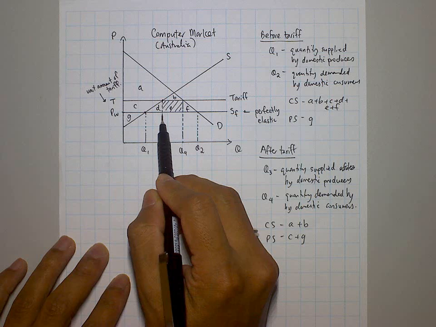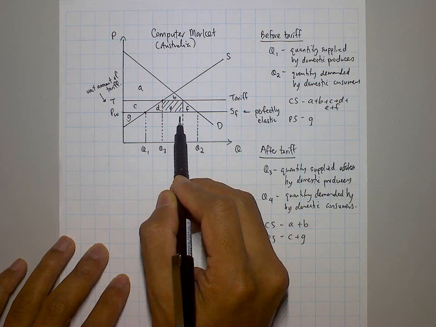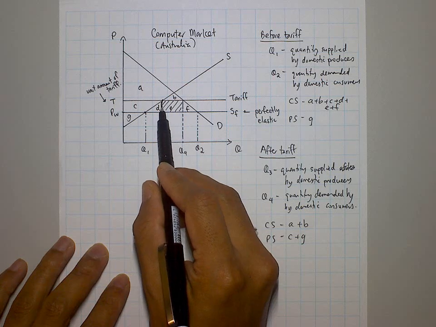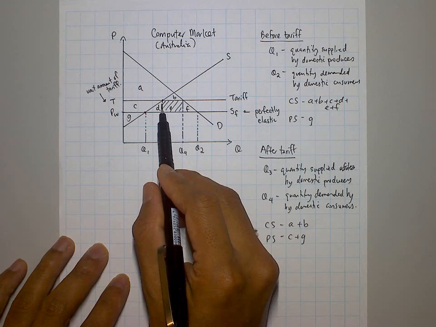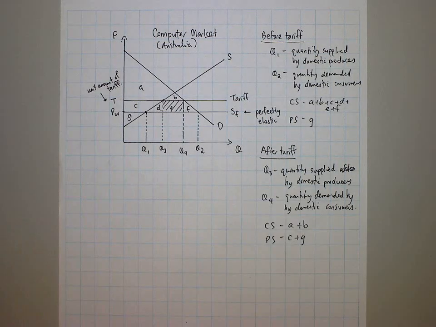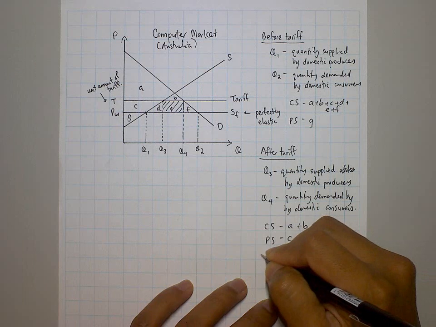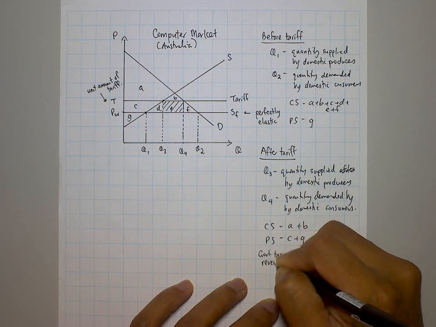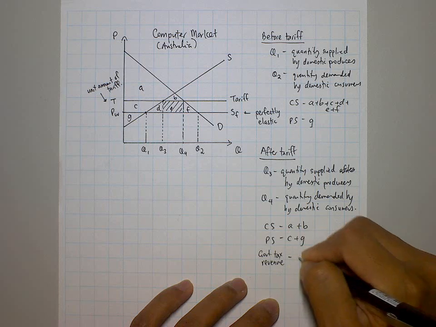So the length is the amount of imports, and then the width is the per unit price of the tariff. That's how much money the government is generating. Okay, so I would put down government tax revenue as E.